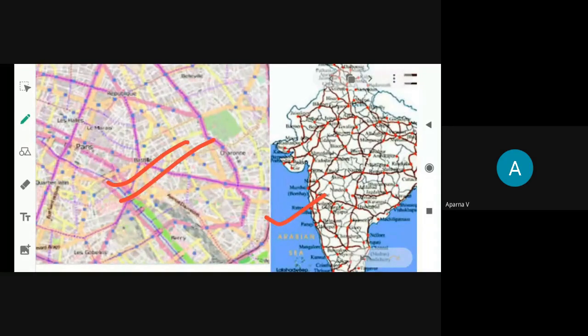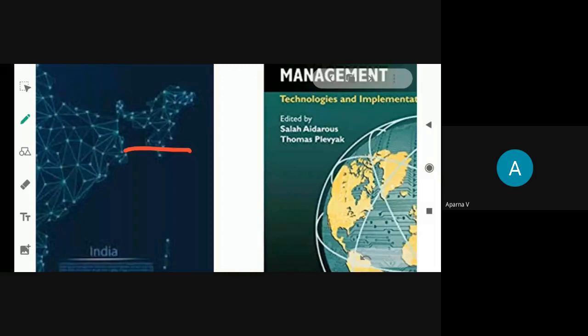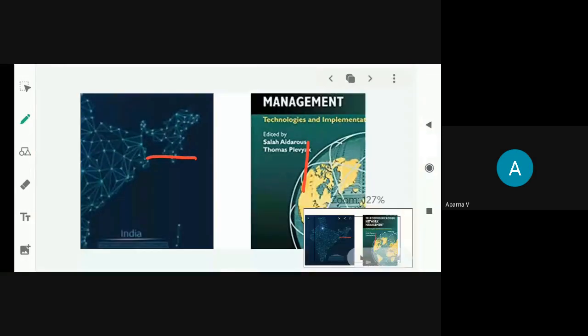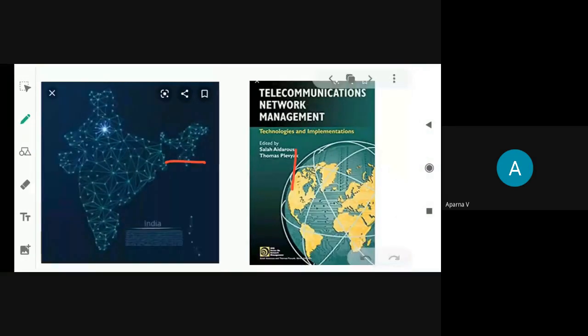Of course, this is something about technologies. Telecommunication network management. See, we are using mobile networks. Networks means mobiles or other systems are connected via satellite systems or something like that.